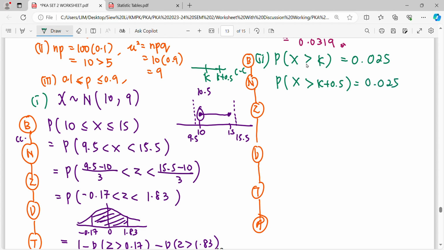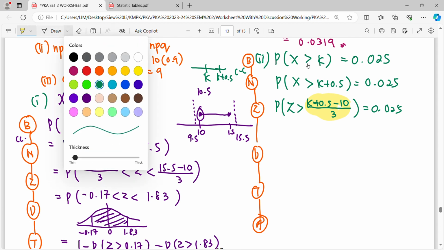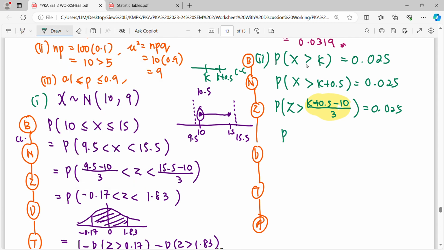Alright. Then we change to Z. From X becomes Z, it will be minus mean over standard deviation, which is 3. So this Z score is unknown. We don't know our Z score, so we represent it, let's say, as a constant A.